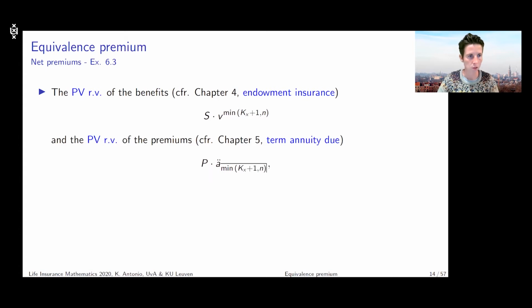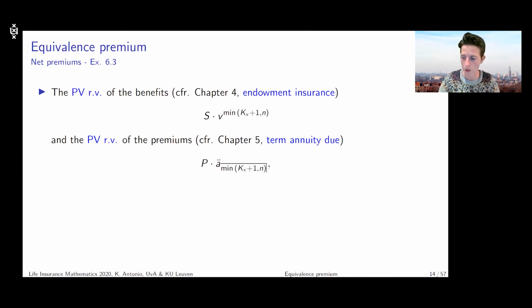If we then continue with the present value random variable of the premiums, we're going to use what we learned in chapter 5 in terms of life annuity due, term life annuity due, because the premium annually is denoted with P, and we can value this stream of premium payments with a life annuity due with a term equal to n years.